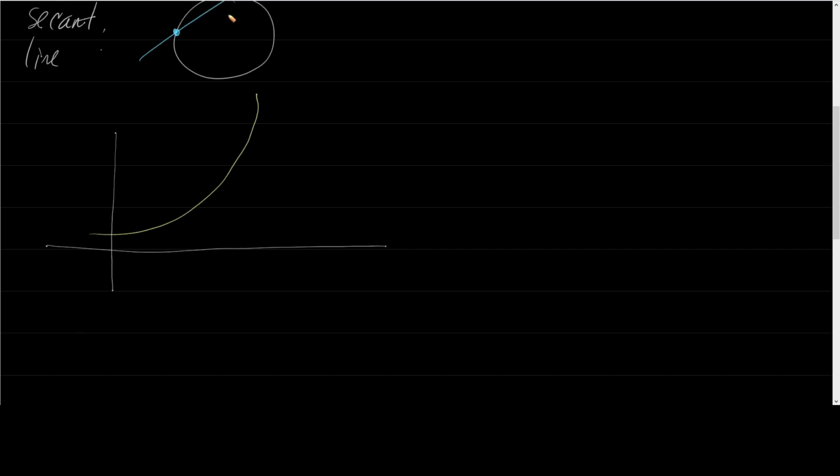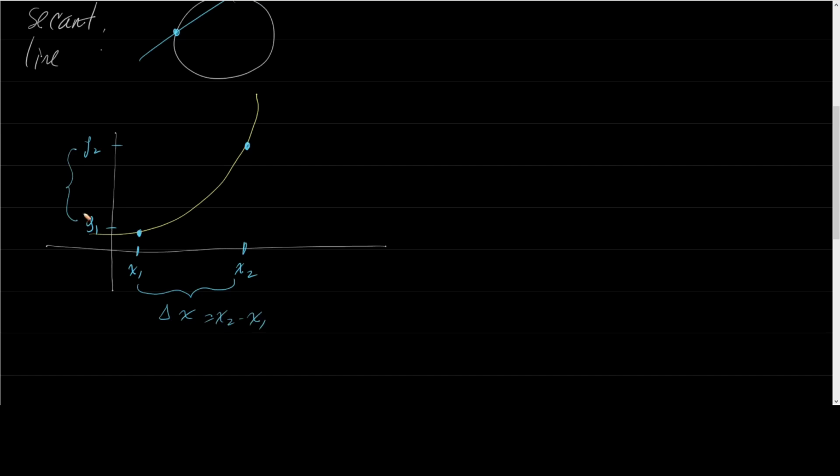So now, if I start by taking this point and this other point, let's say that this point is at x sub 1 comma y sub 1, and this point over here is at x sub 2 comma y sub 2. What I want you to notice here is that this distance is delta x, in other words, x sub 2 minus x sub 1.